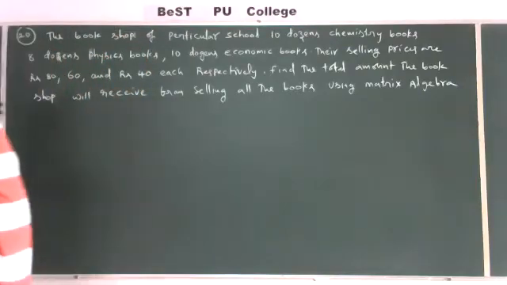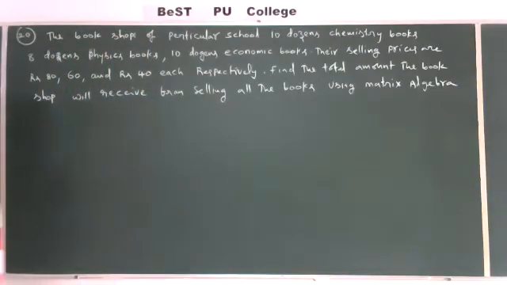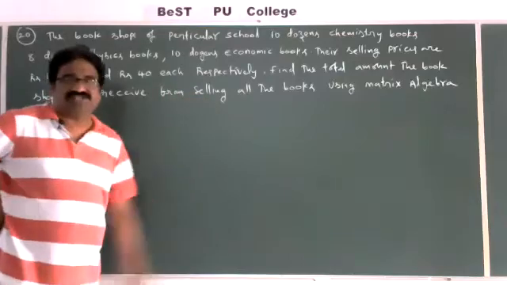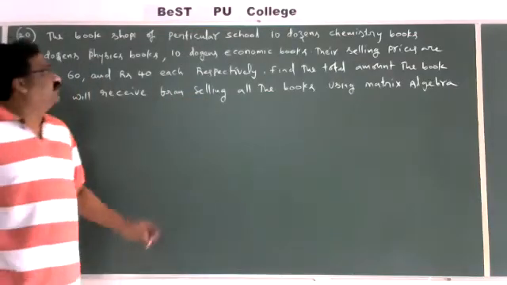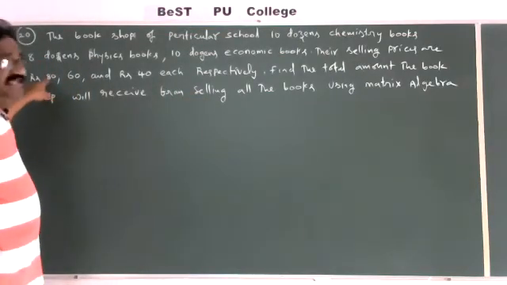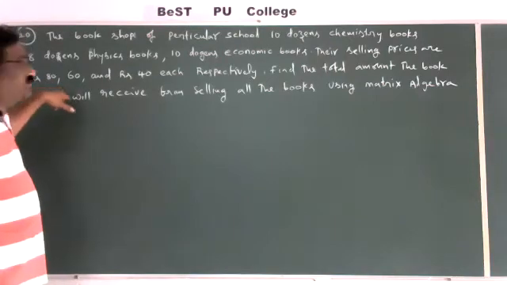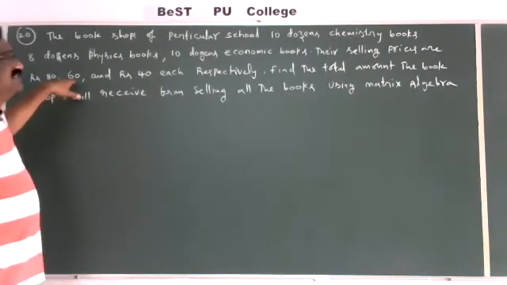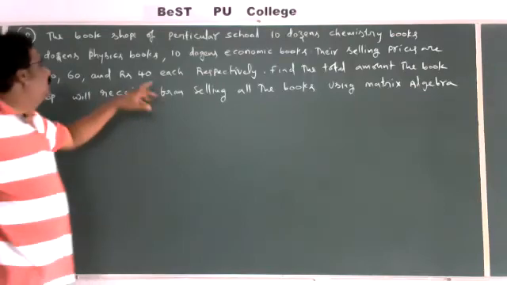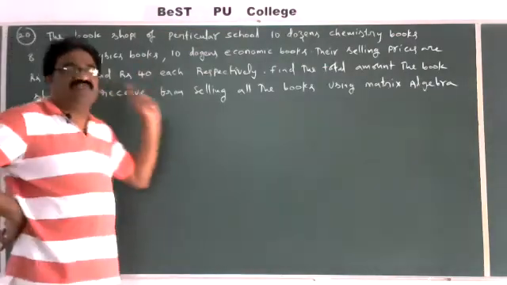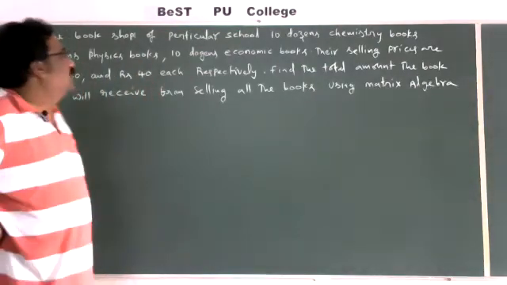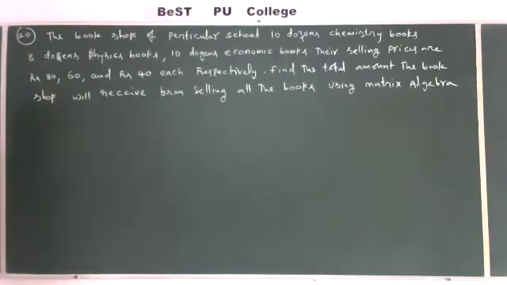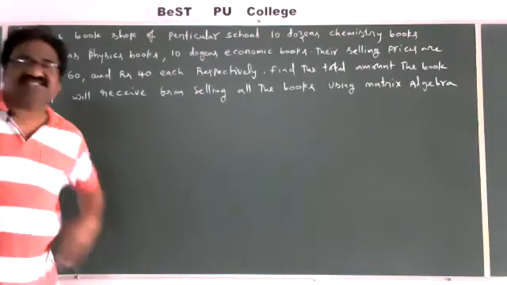Their selling prices are 80 rupees, 60 rupees and 40 rupees each respectively. That is, a chemistry book is 80 rupees, a physics book is 60 rupees, and an economics book is 40 rupees each. So find the total amount the bookshop will receive from selling all the books using matrix algebra.